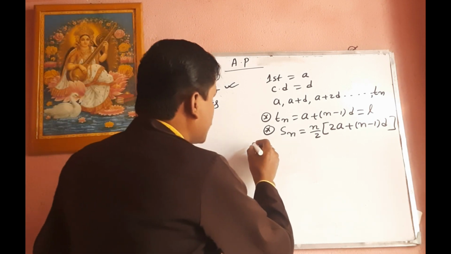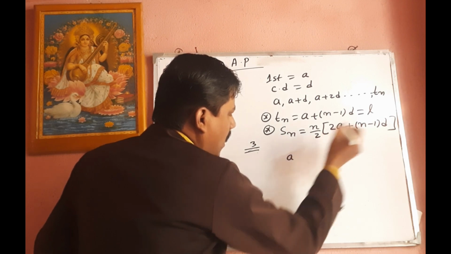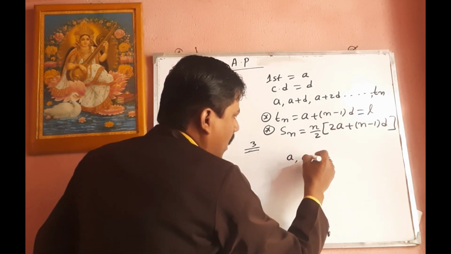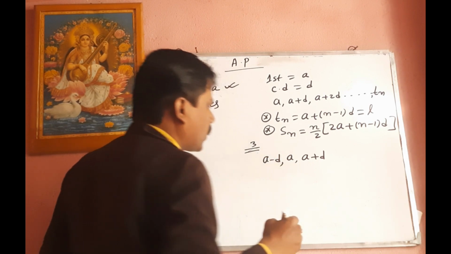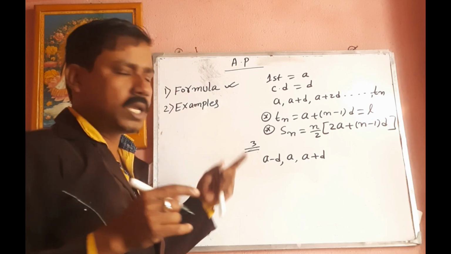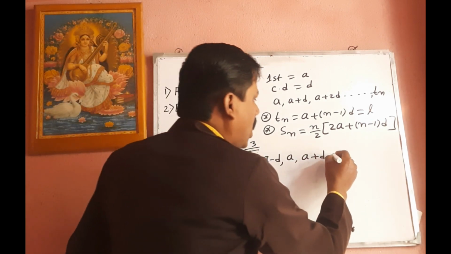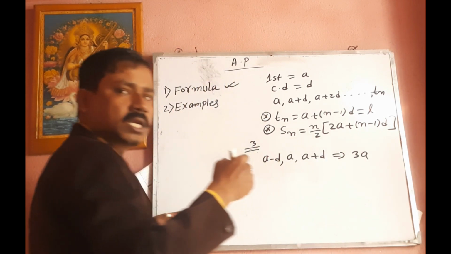When 3 numbers are there, then the numbers will be a minus d, a, and a plus d. This is the way to take 3 terms in AP. Why do we take this? Because if we add them all, we get 3a, and d vanishes.